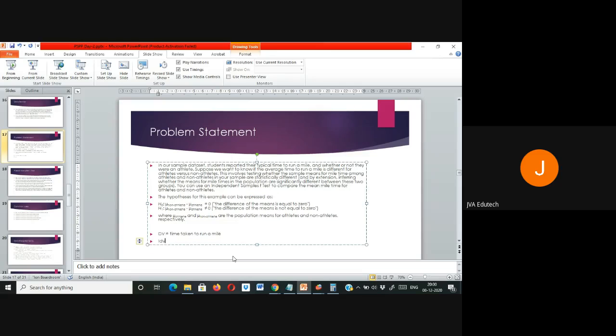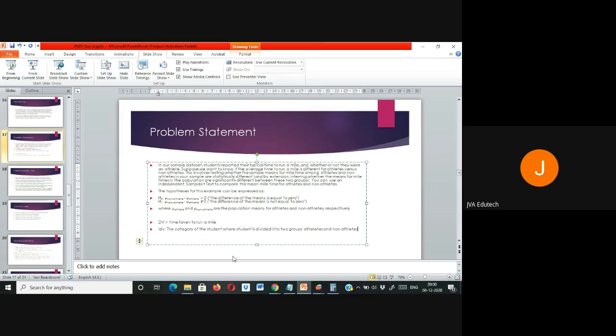The independent variable: athlete or non-athlete, the category of the student, where students are divided into two groups or categories, athletes and non-athletes. Now is it clear?